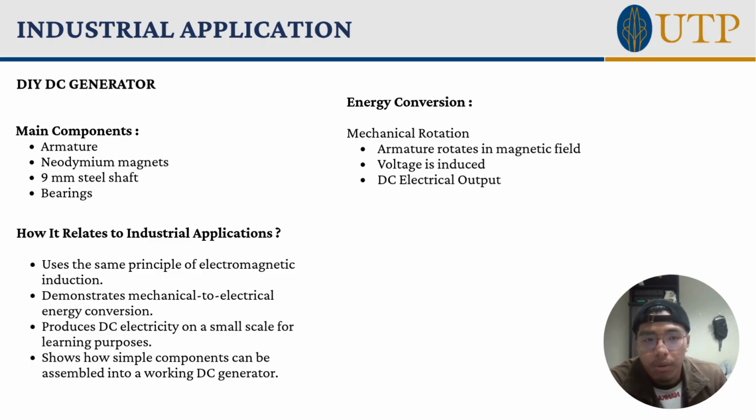When the shaft rotates, the armature moves within the magnetic field created by the magnets, inducing a voltage and producing a DC output. So this project allows us to understand how mechanical energy is converted into electrical energy using a simple and very practical design.